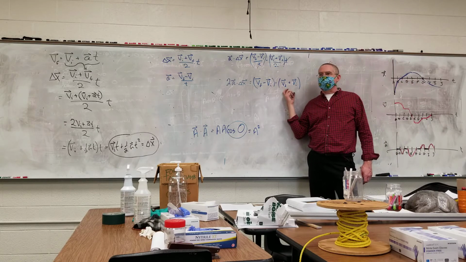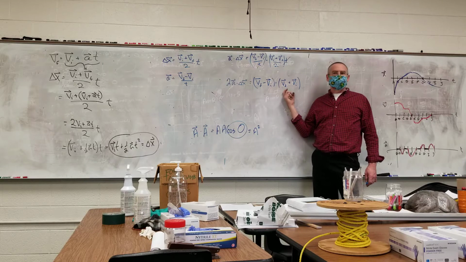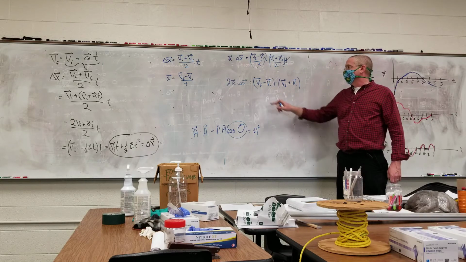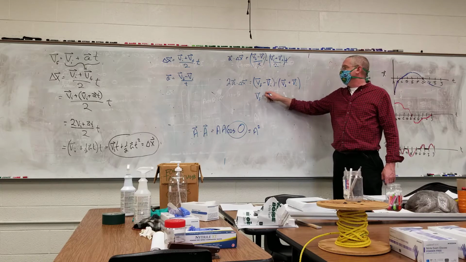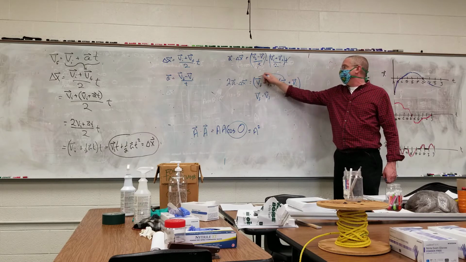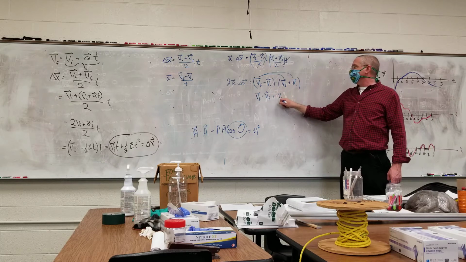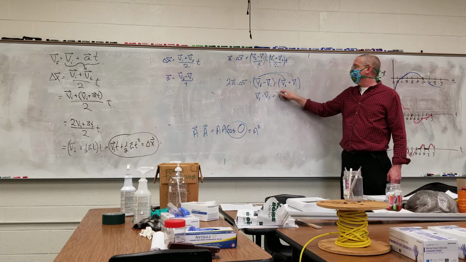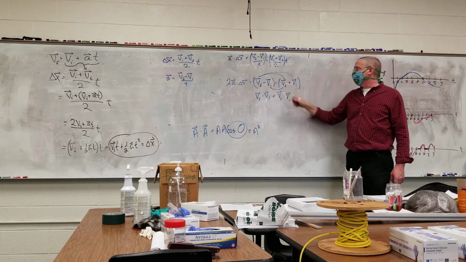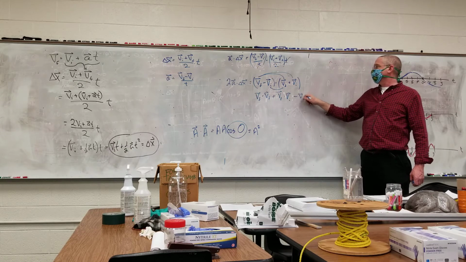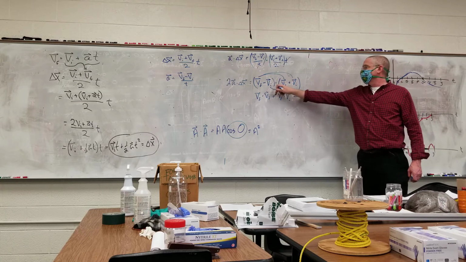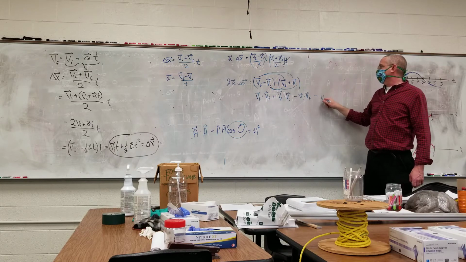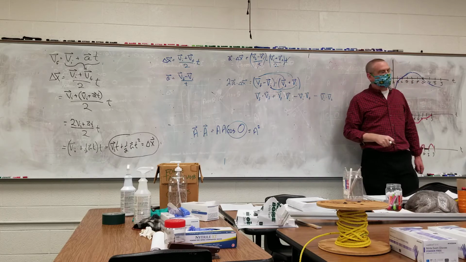Flashback to algebra 1 or pre-algebra, whenever you first multiply binomials. So I have VF dot VF first, outer, plus VF dot VI, minus the inner, VI dot VF, minus, now last, VI dot VI. So just doing FOIL.